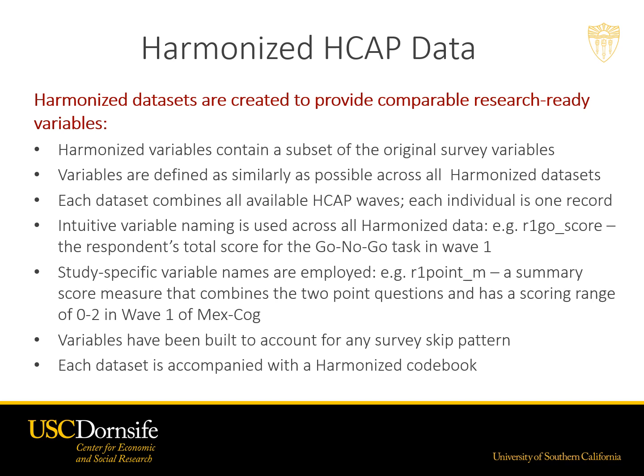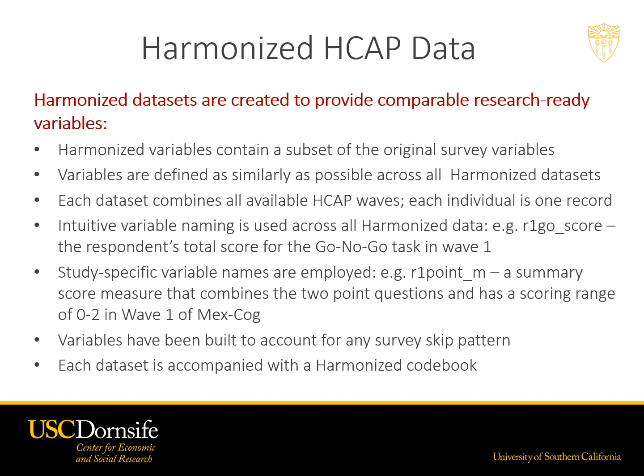An intuitive variable naming convention is used across all harmonized data. For example, the variable r1go_score indicates the respondent's total score for the go-no-go task in wave 1. Study-specific variable names are also employed to indicate slight differences.